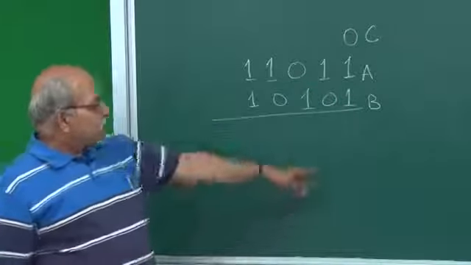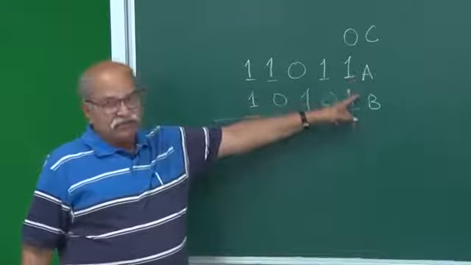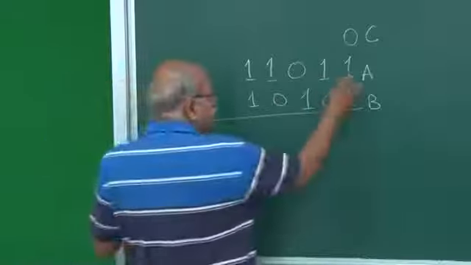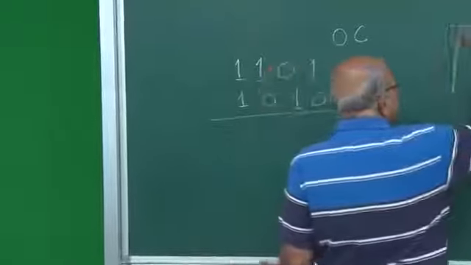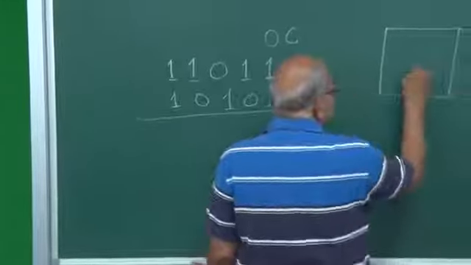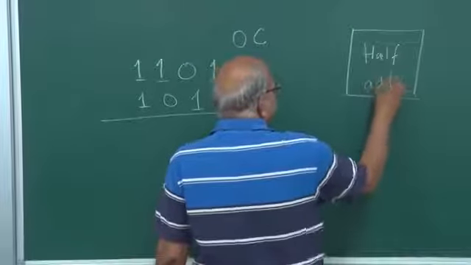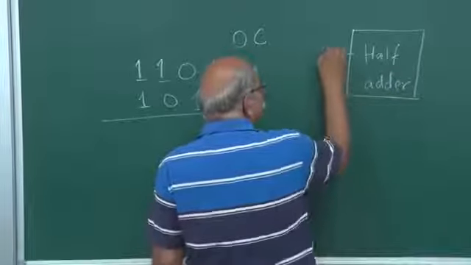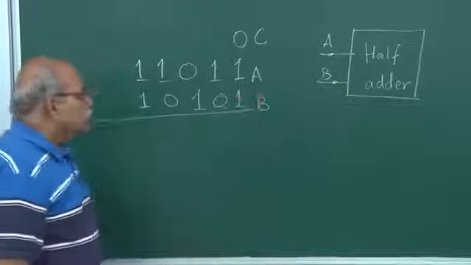So what we do is we first half add these two, A and B, a half adder operation. So let me write it here, half adder. So let us say this is a half adder circuit, and then I have 2 input points, and into these 2 input points I put A and B. What do I get?